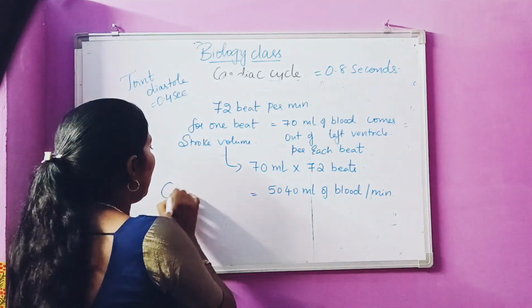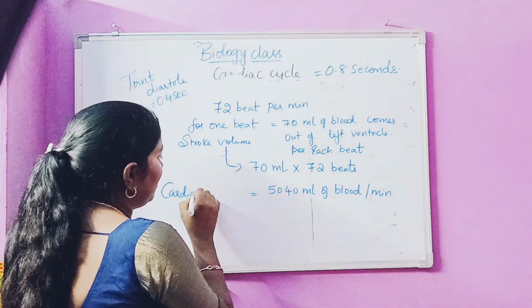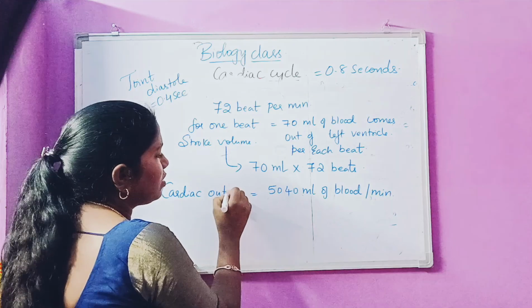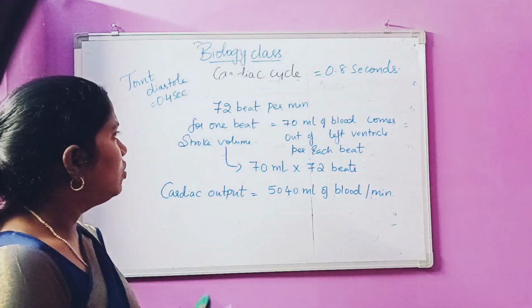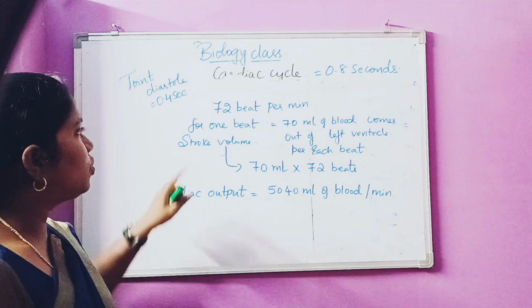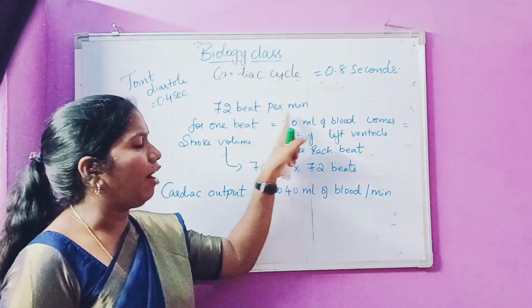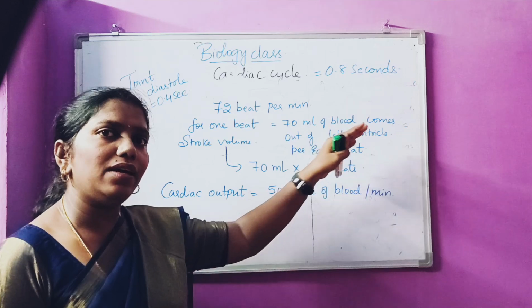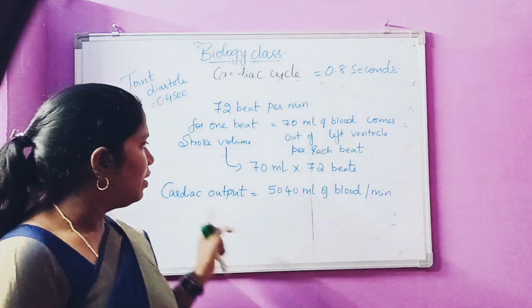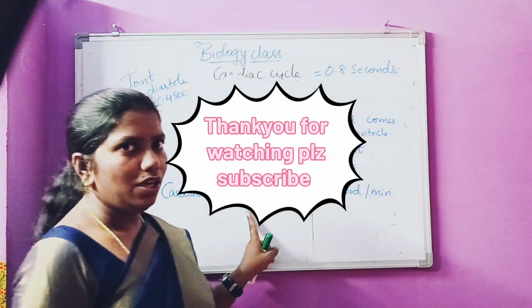So this is called cardiac output. I hope you understand. The formula: the number of heartbeats times the stroke volume pumped by the left ventricle gives the cardiac output.